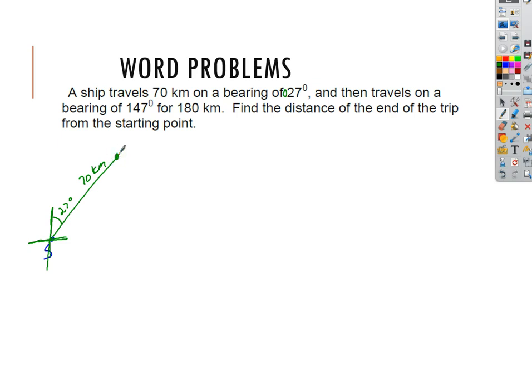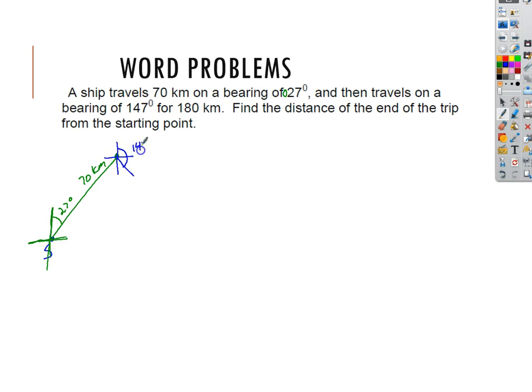And then I travel on a bearing of 147 degrees for 180 kilometers. So I make another point. Now I do 147 degrees. It's more than 90, but less than 180, so someplace about there, maybe a little bit further. And then I go like this.